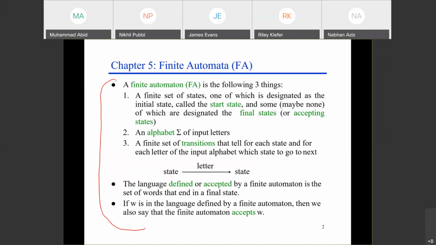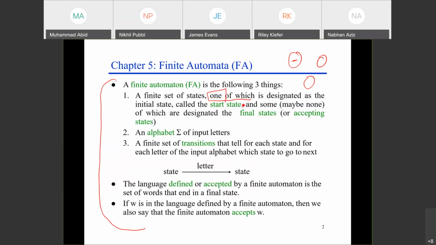So we have an FA with multiple states, and one will be the start state. And how do you write the start state? You put the minus sign in that state. But an FA does not have more than one start state, one of which is designated as the initial state.